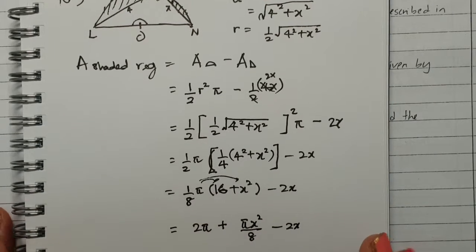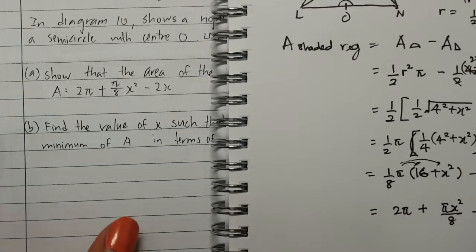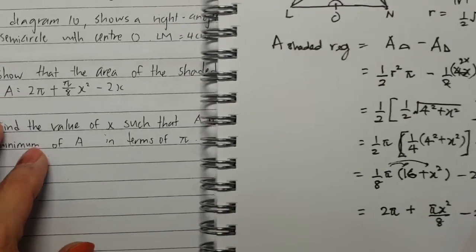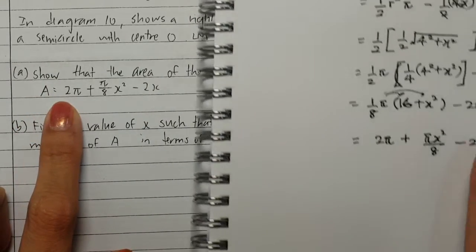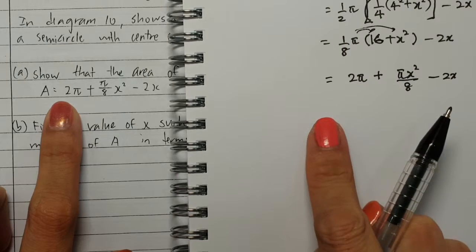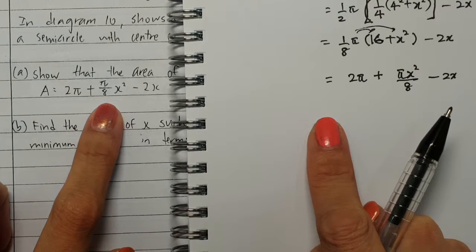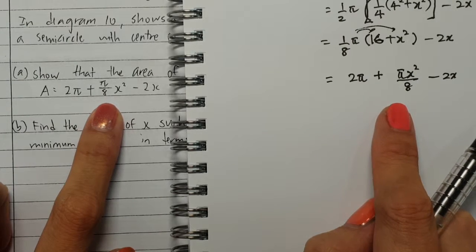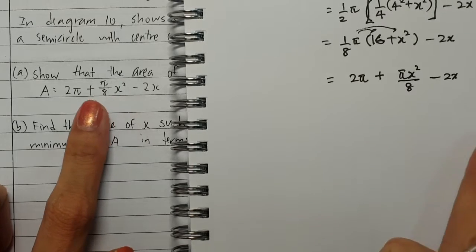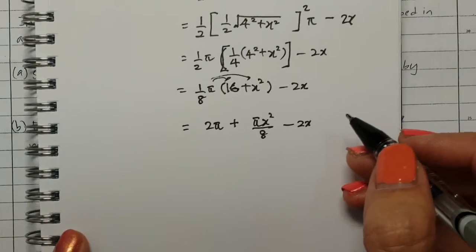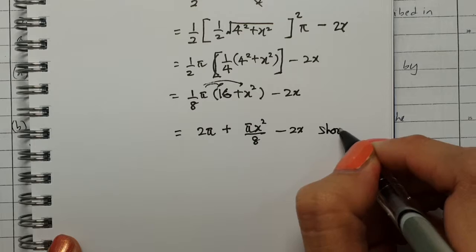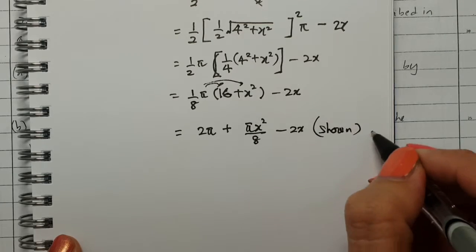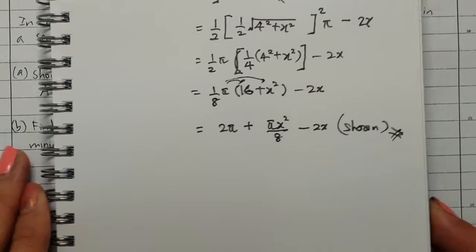Let's check whether it is the same as the A over here. 2 pi, pi x squared over 8, yes, minus 2x. So we have just shown that the area of the shaded region is given by this equation.